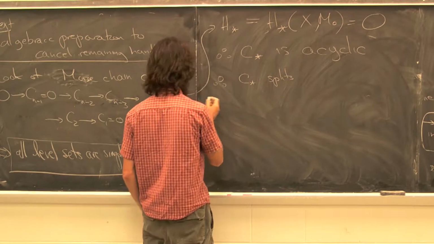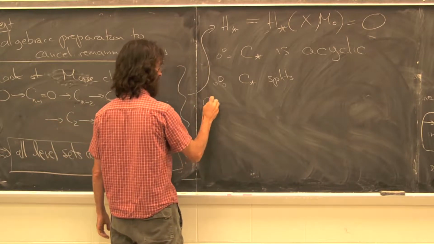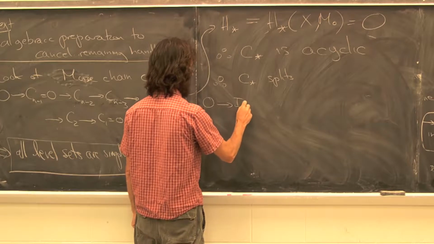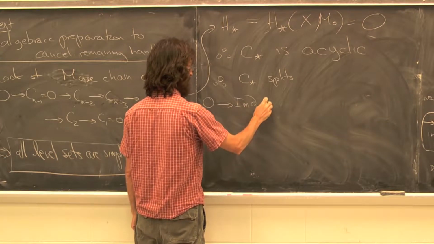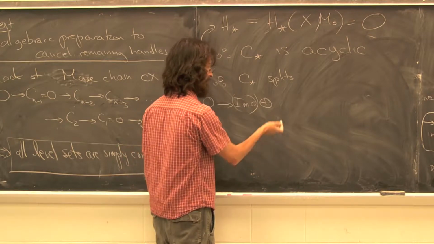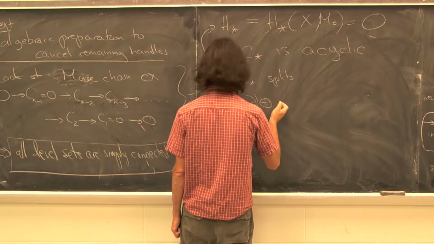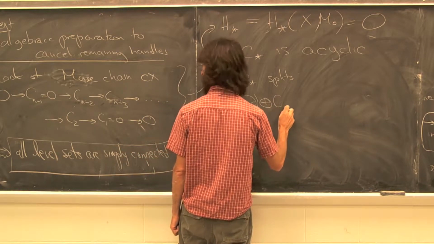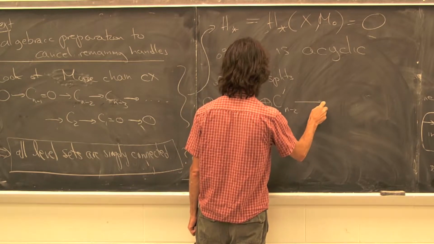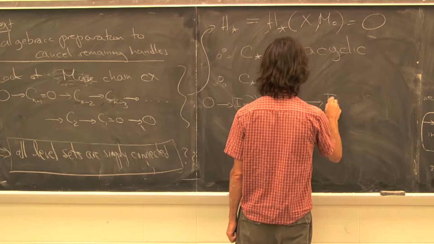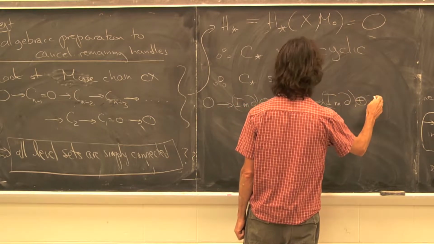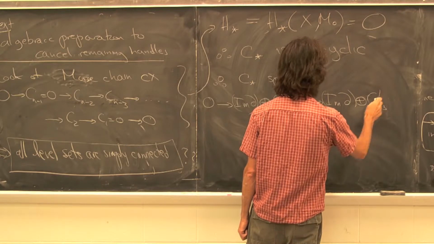I'll write it in this case exactly. I'm just going to ignore C_{n-1}. I get 0, and then I basically have the image of the boundary map plus some sort of complement, C_{n-2} prime, and that's going to map to the image of the boundary map, direct sum some complement C_{n-3} prime.